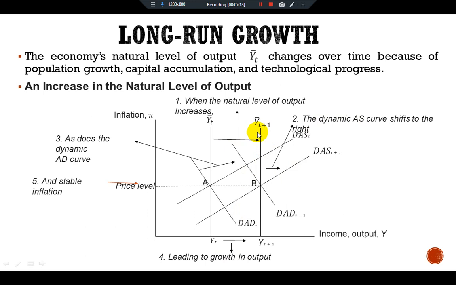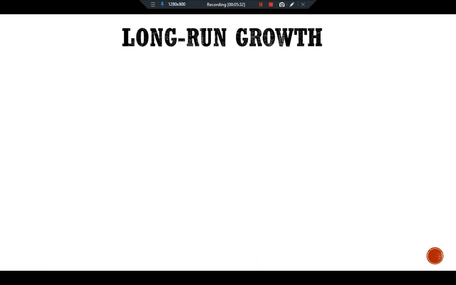The shift in these curves moves the economy's equilibrium from point A to point B. Output increases from Yt to Yt+1. Inflation remains unchanged. Okay, let's discuss the further interpretation of long-run growth.